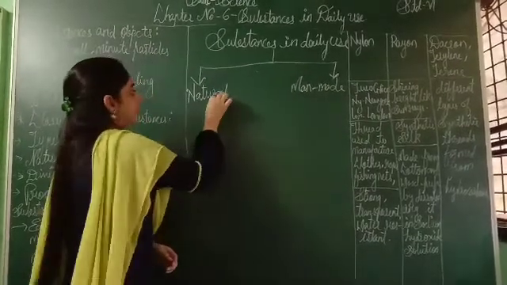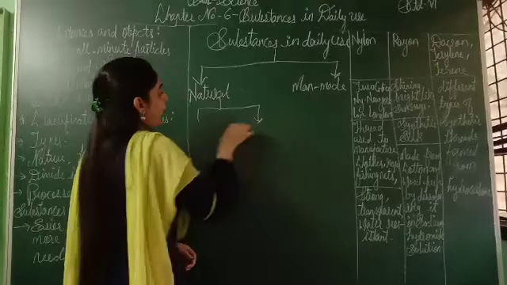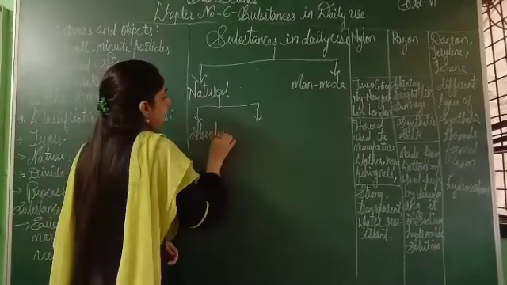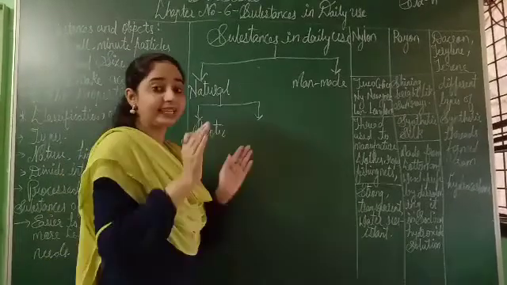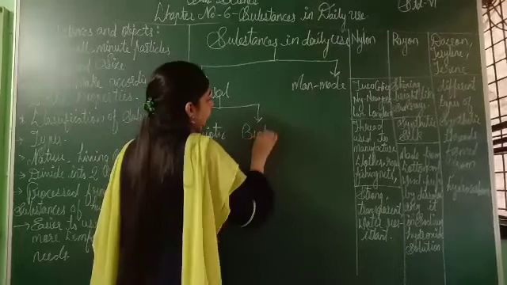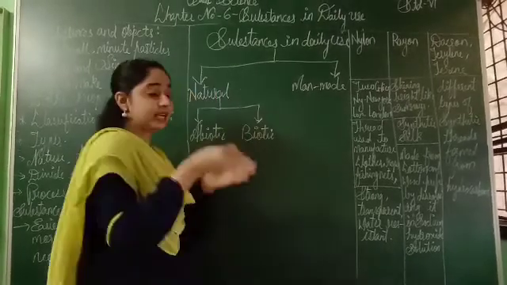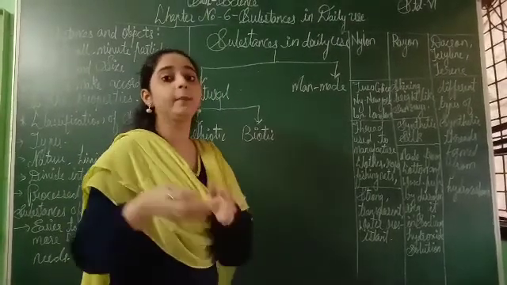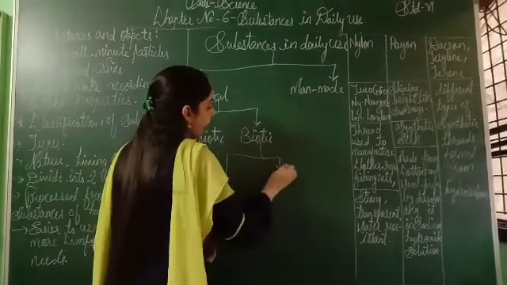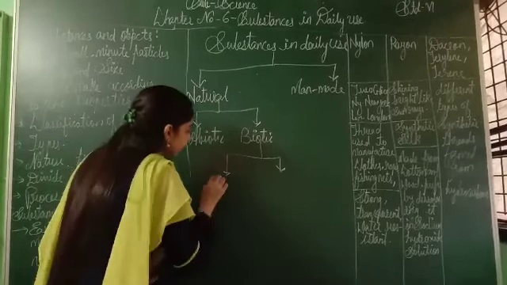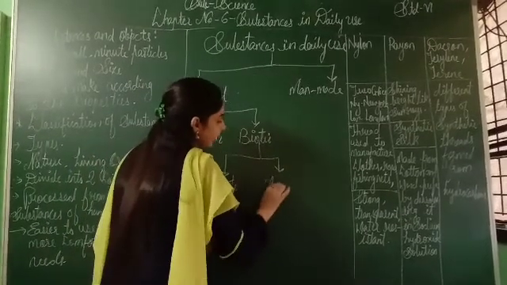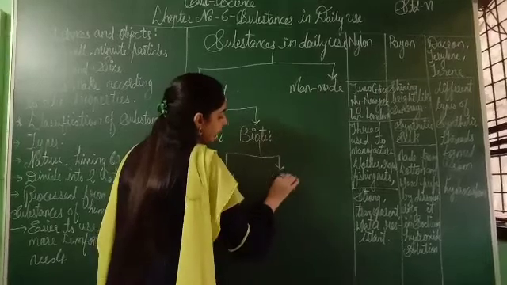In natural substances we have two parts. The first one is abiotic. Abiotic substance means that is non-living, and the second one is biotic. Biotic means the substance which we get from living things. And in biotic again we have two parts. The first part is plant's origin, and the second part is animal's origin.